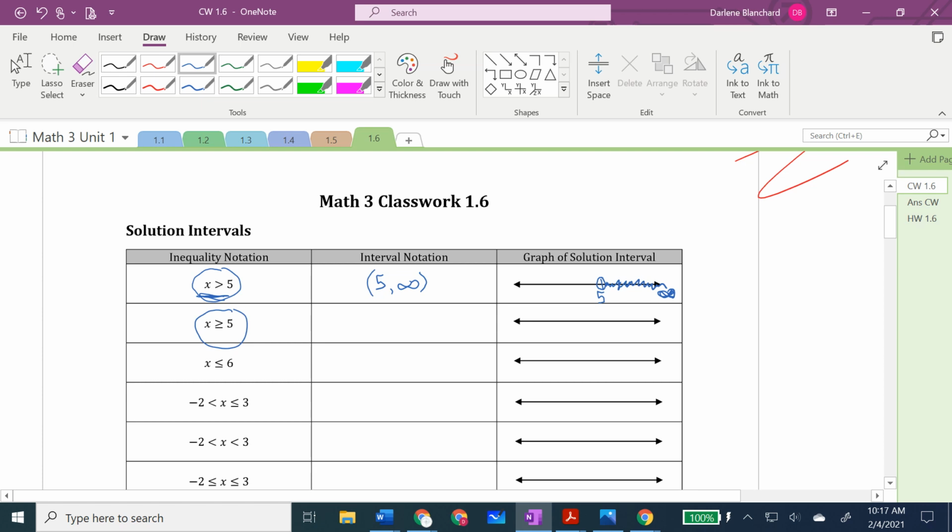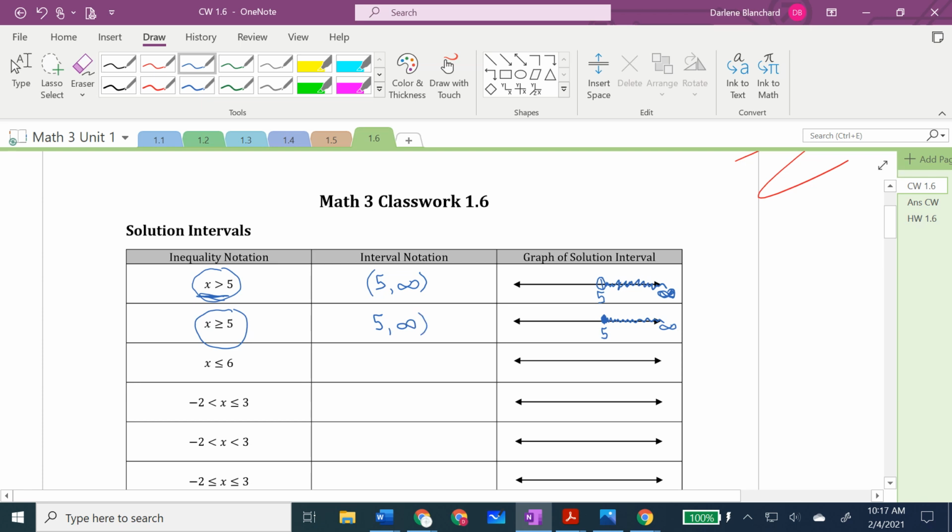If I look at x greater than or equal to 5, when I graph the answer, I fill in the circle on the 5, as well as shade to the right of it. And I'm going to put an infinity here on the right because you must put it in the order of the left edge, comma, the right edge.